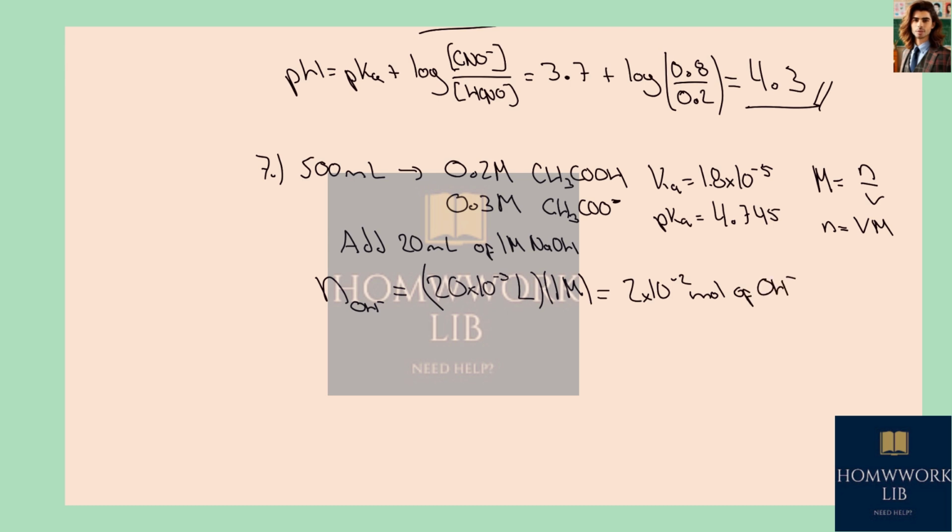We can do the same calculation with the acid. I'm going to label it as acid, just to make it simpler for our notation. We are going to have 0.5 liters times 0.2 molar. So this means that we have 0.1 mole of acetic acid.